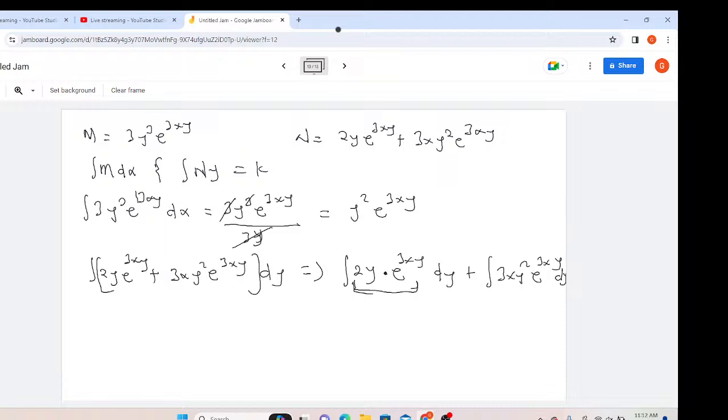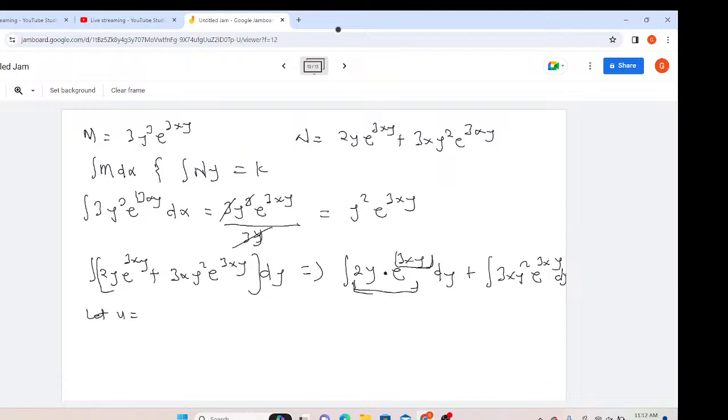That's when I can use the product rule in integration. So I say let my u be equal to y something. But then I have to check this. When I differentiate 3xy, do I get a factor of this? If yes, then I can use the substitution approach. If not, then I have to use the product rule in the integration.